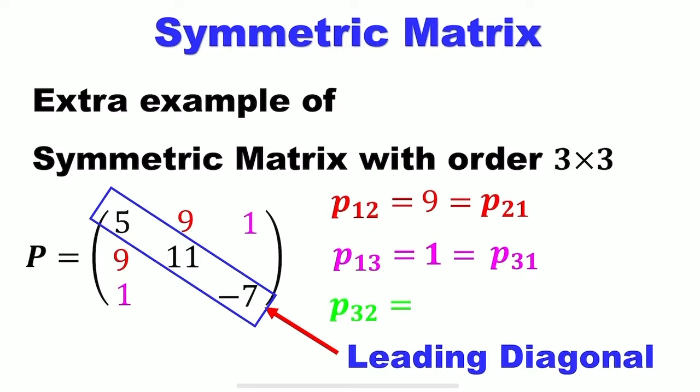And then P32, which means the entry at row number 3, column 2, is equal to 6, and it reflects to the entry P23, which is the entry at row number 2, column 3.